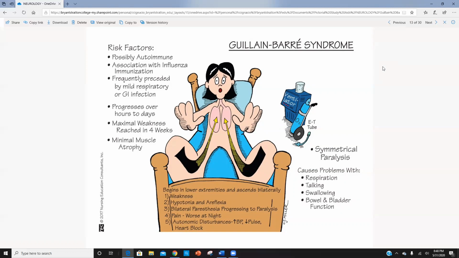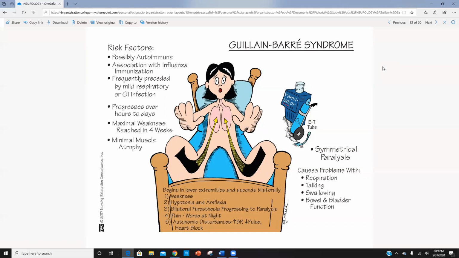Manage bowel and bladder problems, and collaborate with physical therapy to maintain the client's muscle strength, flexibility, and prevent contractures. Prevent complications of immobility: pneumonia, deep vein thrombosis, urinary tract infection, atelectasis, and skin breakdown. Decrease anxiety by providing information and support.